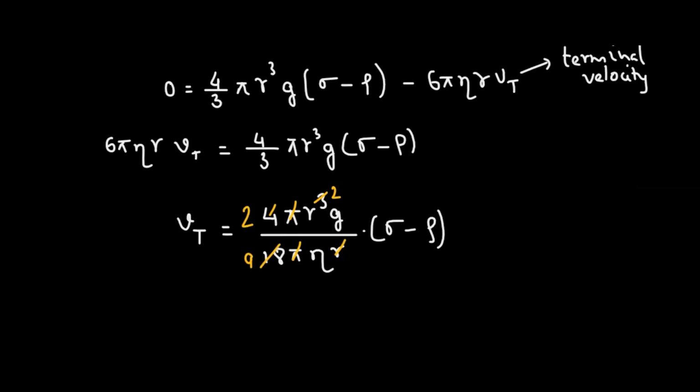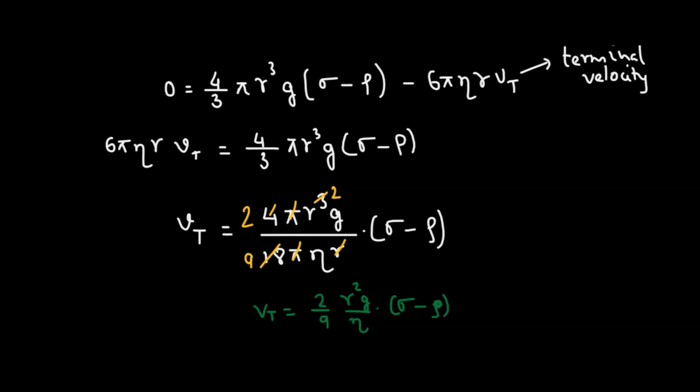So our expression for the terminal velocity vt is 2 over 9 times r squared g over eta, multiplied by sigma minus rho.